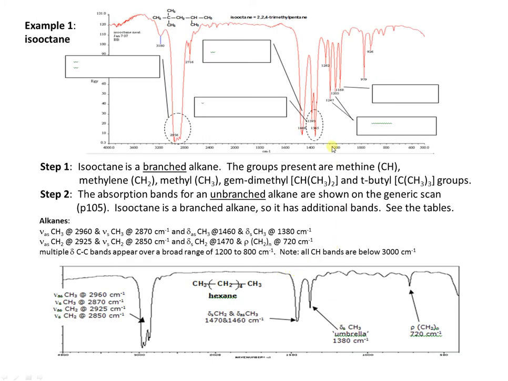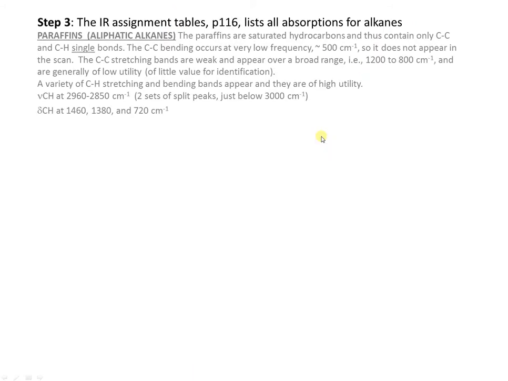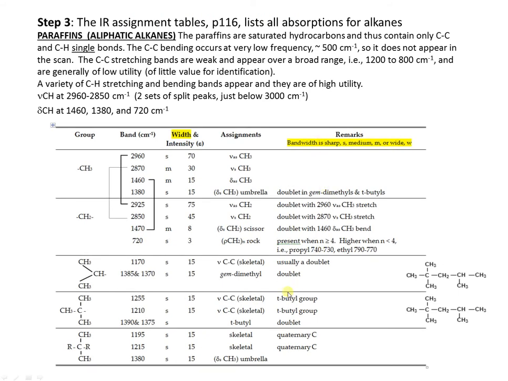Right up here, the band at 1380 is split, which suggests we have either a gem dimethyl or the other group that causes the same thing, the t-butyl group right here. The t-butyl group, this one right here on the left, this carbon trimethyl is called tert-butyl, and it also causes the methyl group band to split. So we've got two causes of a splitting. We can't say, looking at the scan, which it is, but in fact we know both are present.